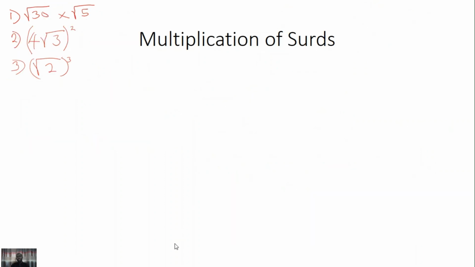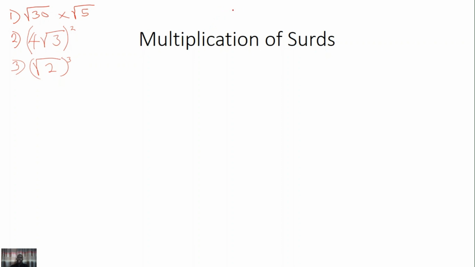Let's talk about multiplication of surds. Now, while doing addition and subtraction of surds, I said you can only add and subtract if the roots and the number that the roots contain are the same. In multiplication, the only thing that needs to be the same is the roots of the expressions that you want to multiply.